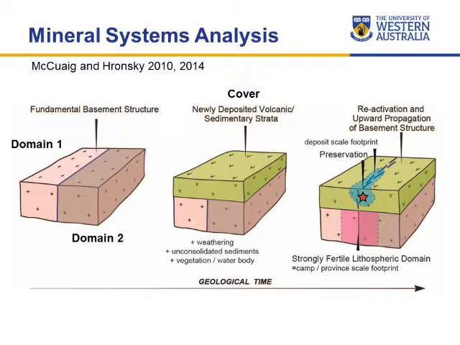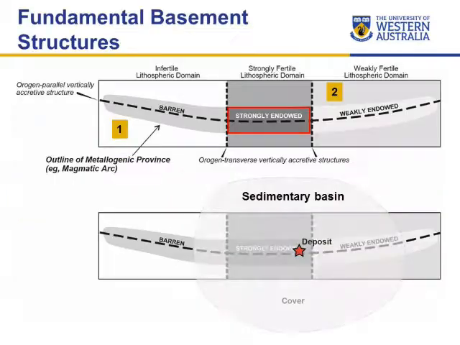a deposit forming, in the case of Abra, in the sediment-hosted sedimentary basin. In a 2D map view, the same scenario is that you have one domain here, one domain here, and then two different kinds of basement structures intersecting, creating an endowed pathway for mineral deposits to form.